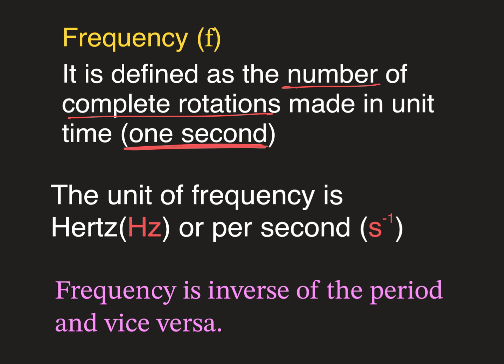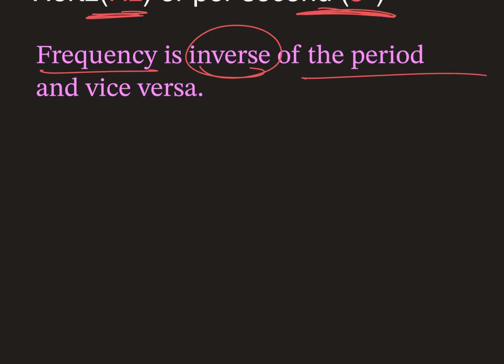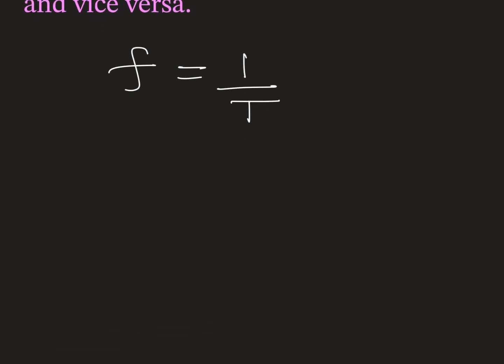The unit of frequency is hertz, or you can say per seconds. Frequency is inverse of the period. We have already said that. So to remind ourselves again, frequency is the inverse of the period, and we know that frequency is equal to the number of rotation divided by the time.